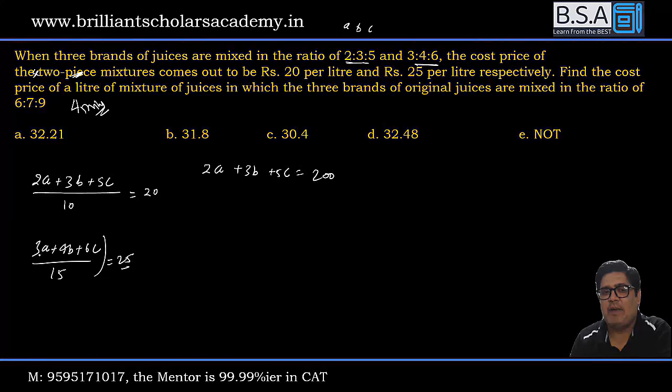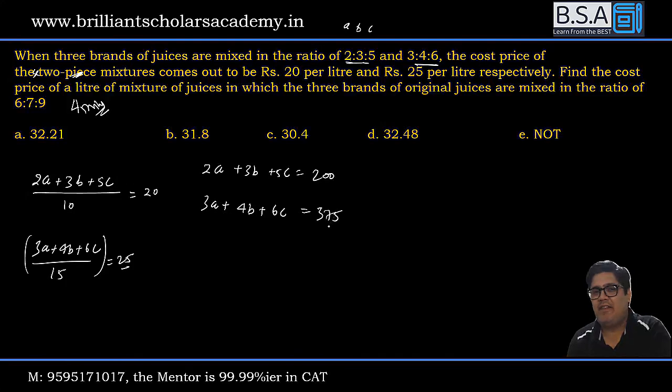So cross multiplying will give me 3A plus 4B plus 6C is equal to 25 into 10, 250, 25 into 5, 125. So 375 is what I will have here.